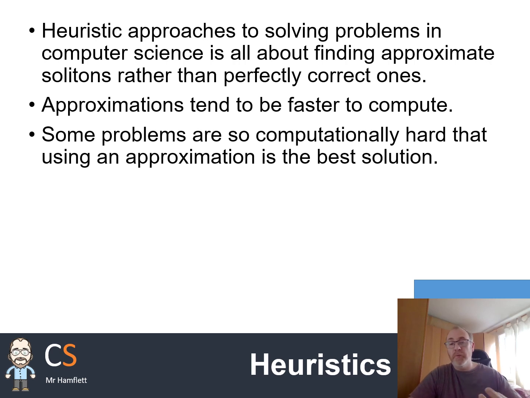Sometimes it might also be that we can't get a perfect solution. For example, for those who use voice assistants like Alexa, it doesn't always get it right, does it? Sometimes it thinks you say something really random. That is another heuristic. It's doing its best attempt at understanding what you say and what you mean. However, it won't always perfectly get it right.